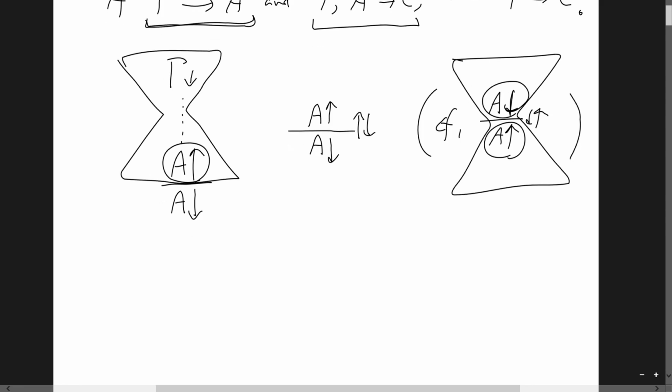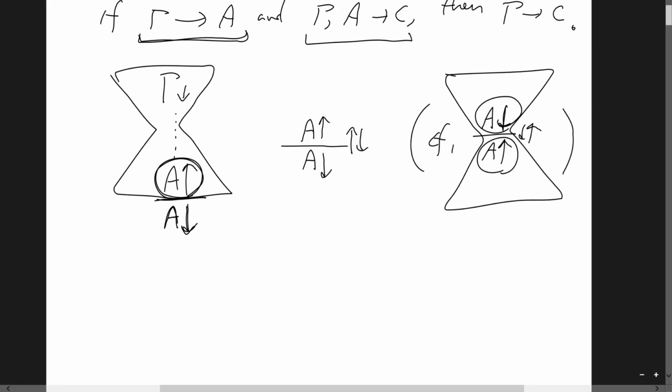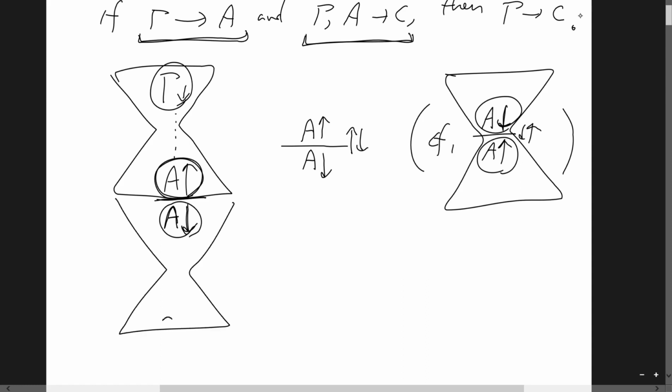But this time, suppose that we allow this normal judgment to be converted to this down arrow, neutral judgment. Then, thanks to the second sequent, now we have gamma down arrow and A down arrow. So therefore, we can complete the proof of C up arrow.